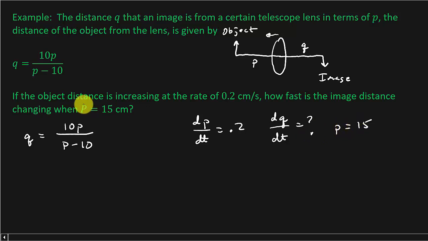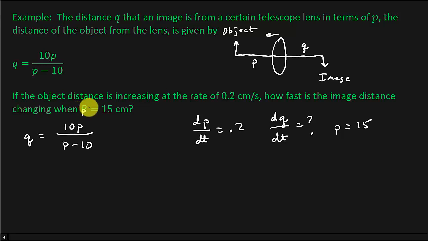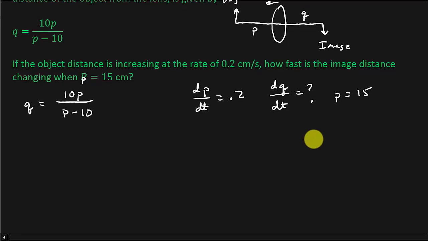Now this P right here should be a lowercase p. For some reason when I typed it up, it's capital. But this should be a lowercase p. All right, so all we do now is take the derivative. We wrote down all the information that they gave us. So dQ/dt is equal to, now for this one, we've got to use the quotient rule.